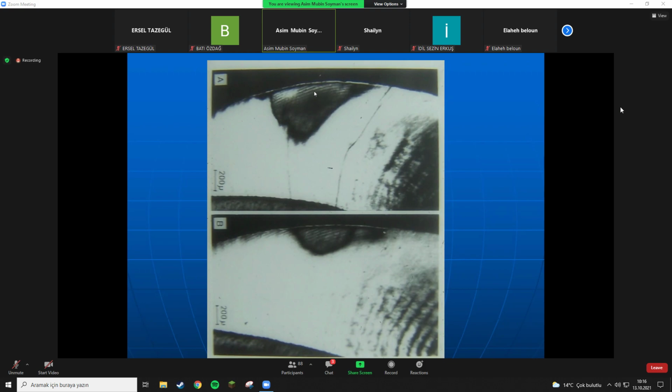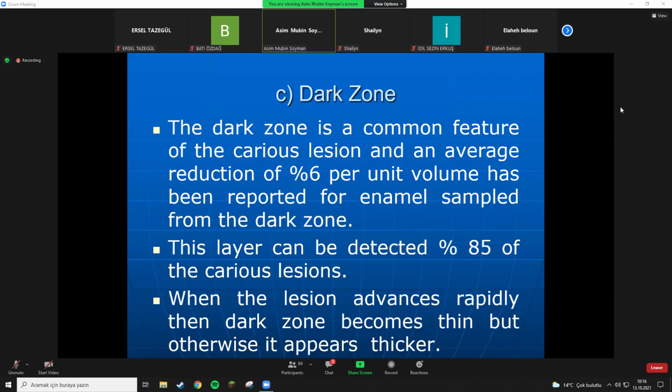We think that these Retzius lines play a role in the spreading of the acids into the dental enamel at the very beginning. So we think that they play a role for the spreading of the acids into the dental enamel.